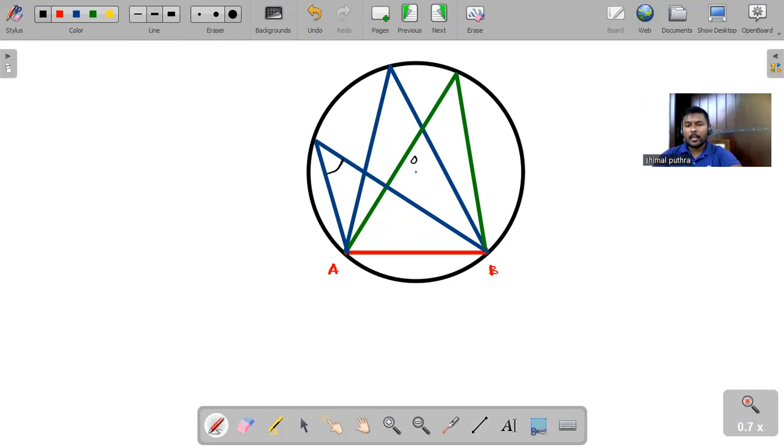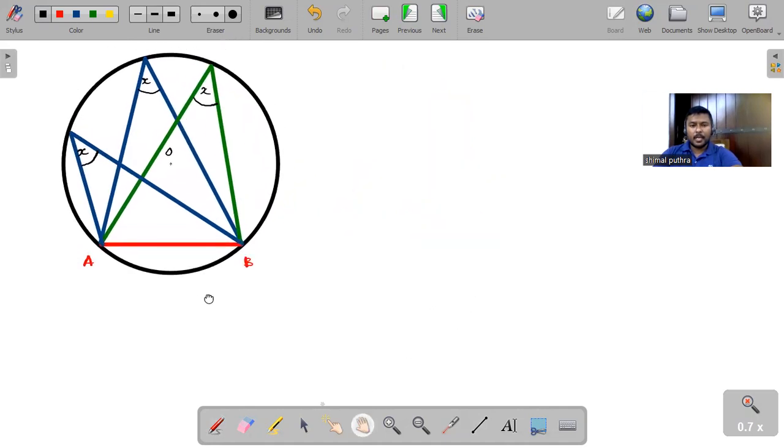That means angles starting from the same chord and reflecting on the circumference are all equal. If this is x, this one should be x and this one should be x. Please copy this theorem. Then I will discuss.